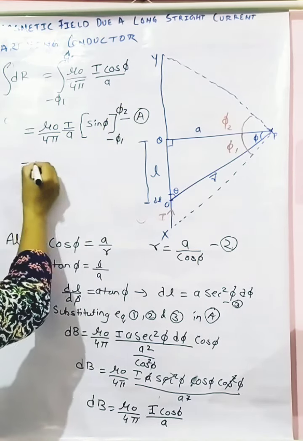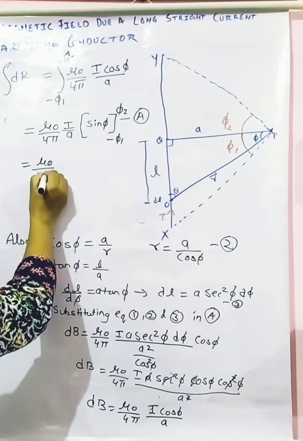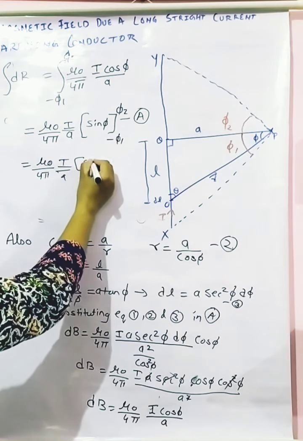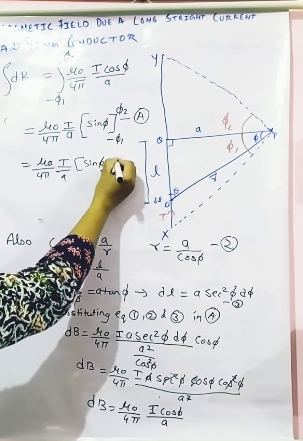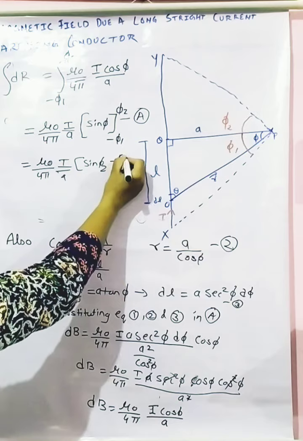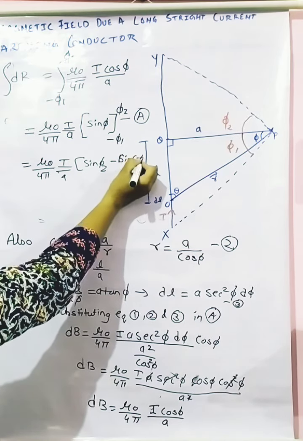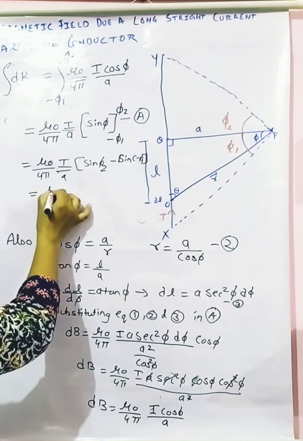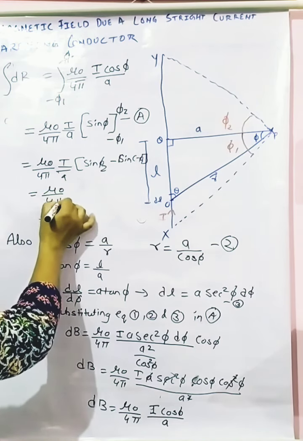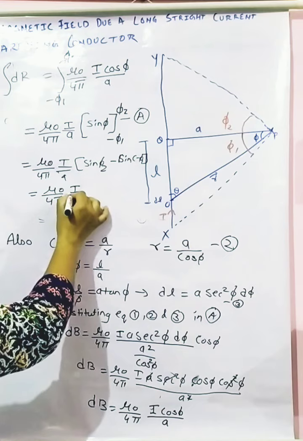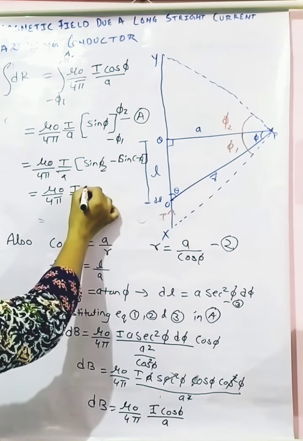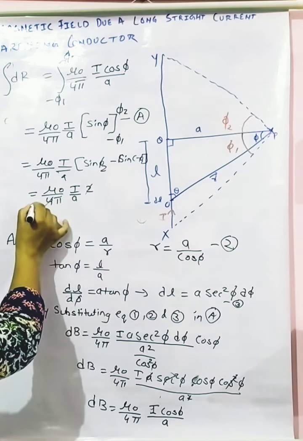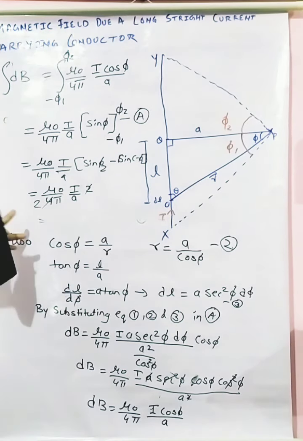So substitution will be mu naught upon 4 pi I upon a, sin phi 2 minus sin minus phi 1. Minus minus turns to plus. So this will be mu naught upon 4 pi I upon a, and this will be 2, and the 2 gets cancelled.